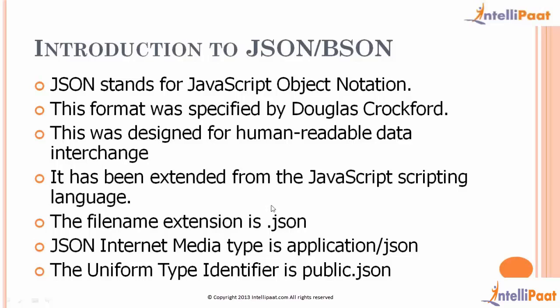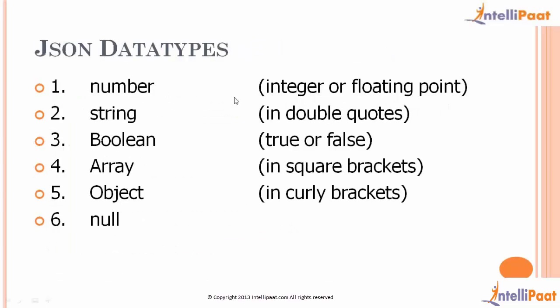Apart from that, if you create any JSON file, it has the extension .json. For example, if you have created a product as a JSON file, the extension will be .json, product.json. That's how it looks. Now, there are 6 categories of data types related to JSON: number, string, boolean, array, object, and null.